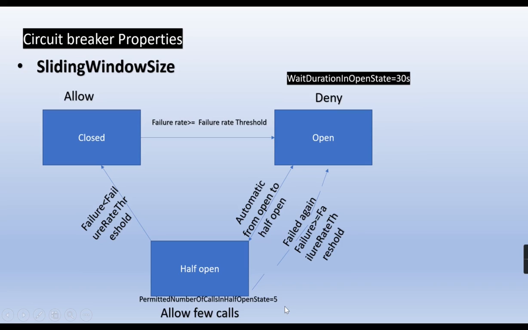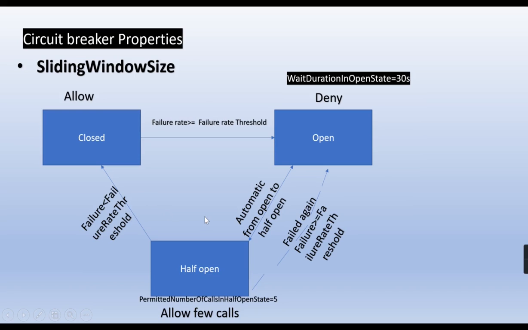So the half open state allows only 5 calls. If these 5 calls execute successfully, then another 5 calls hit, and if that also succeeds, then half open will become closed. So everywhere we are checking like this.